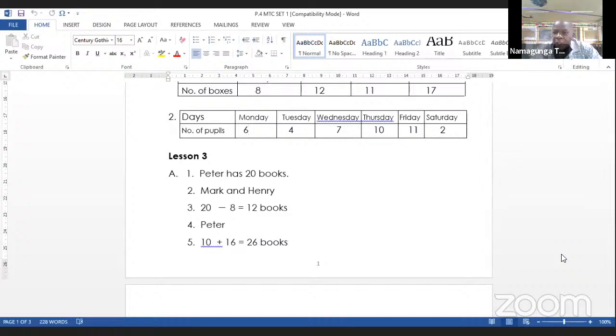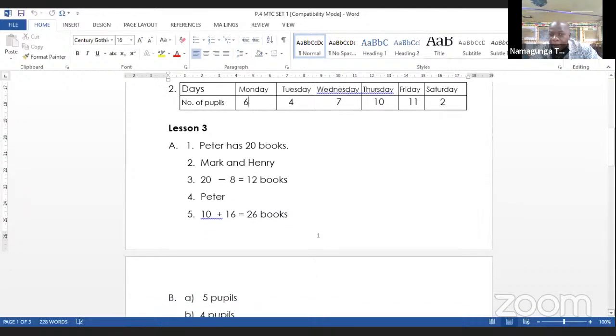Galaxy J8. Now, Galaxy, who is that one? Mulindwa is not on. Let me pick on another person. Isabella? Isabella? She is not on also. I look for another person.